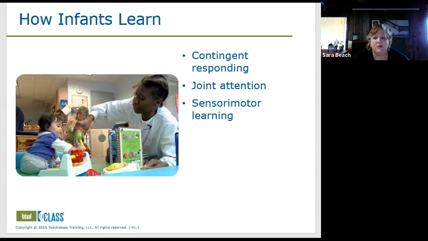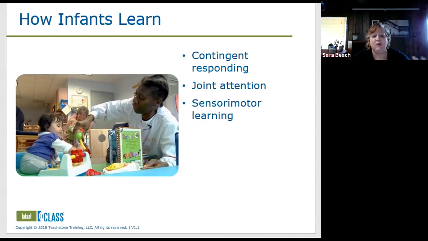They talk about that babies need contingent responding, which is just a fancy way of saying they need us to respond to them. They need us to watch for their cues and then respond in the appropriate way. And so if they're giving a cue to us that says, pick me up, and we don't pick them up, there's a mismatch.